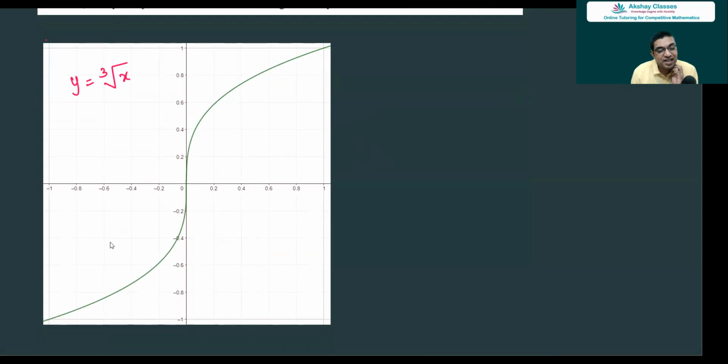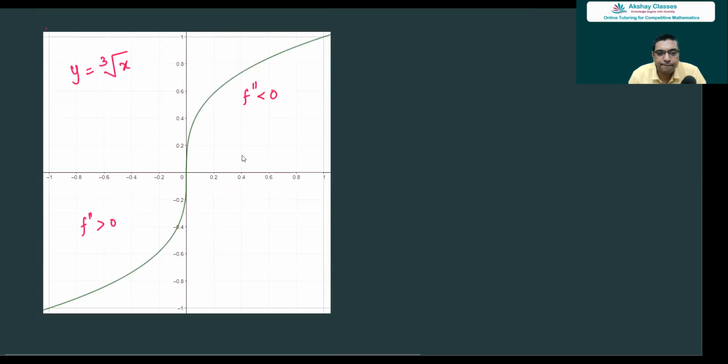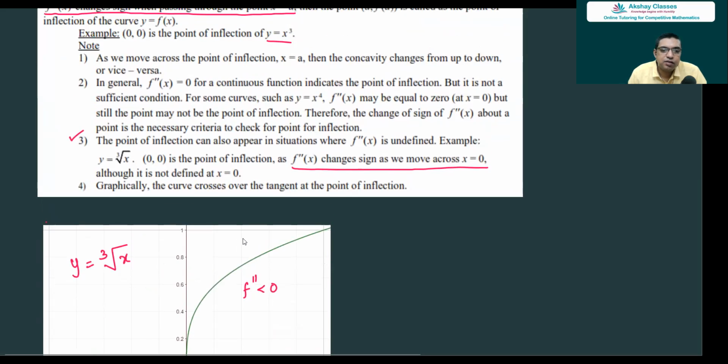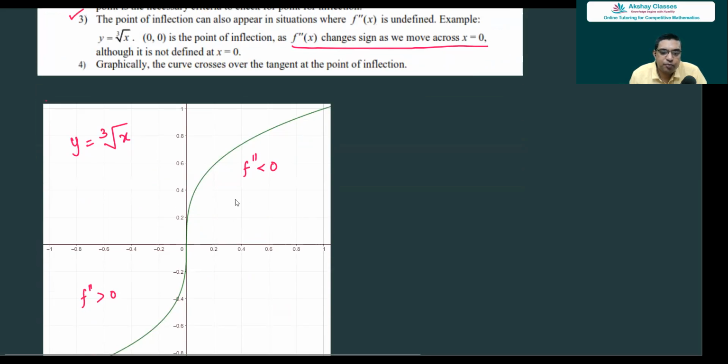But the second derivative changes sign. Here the second derivative will be negative, and here the second derivative will be positive. You can check that. I'll leave that exercise to you. So, a point of inflection is a point where the curve crosses over its own tangent.